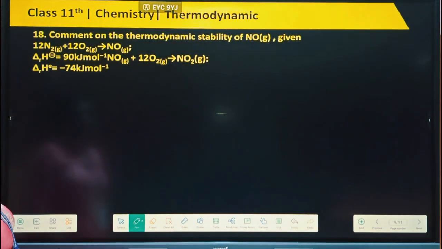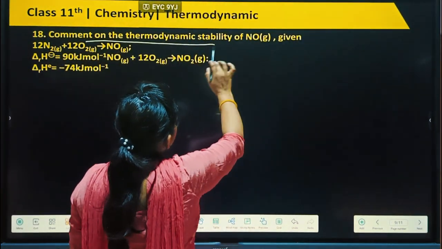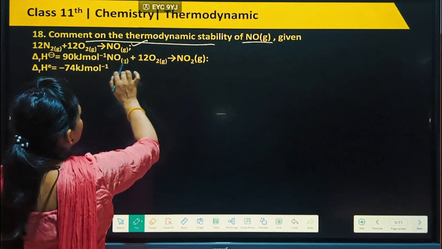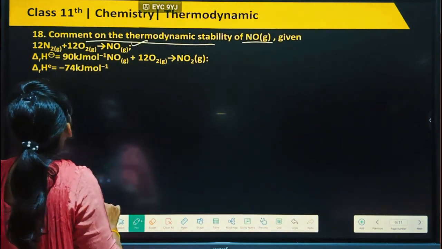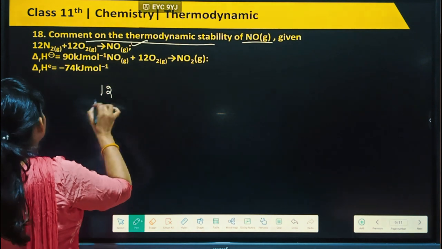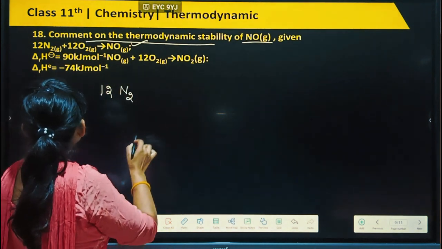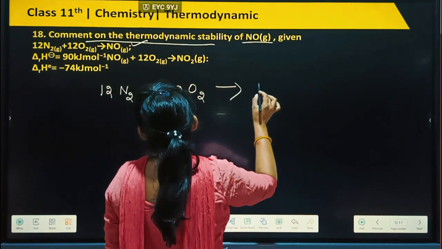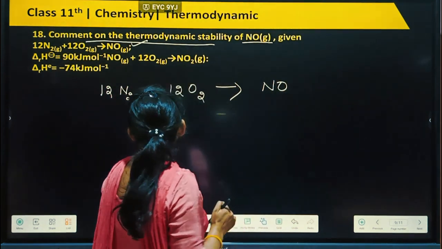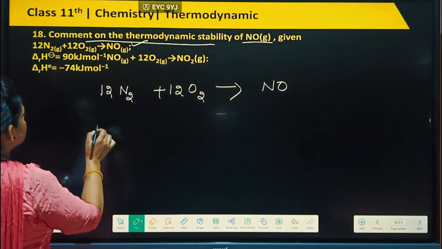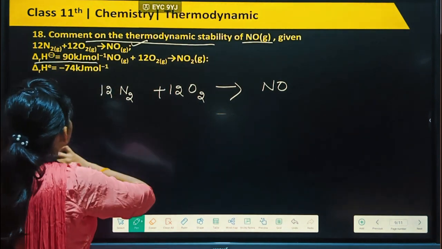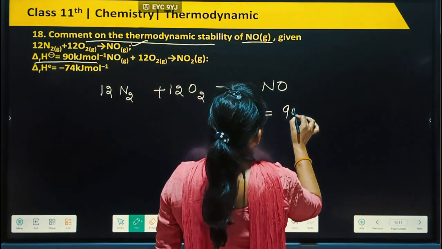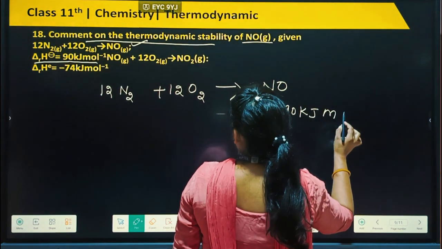Our next question is, students, comment on the thermodynamic stability of NO given this. Here an equation is given: half N2 in gaseous state plus half O2 forming NO. Here del H is given as 90 kilojoule per mole.